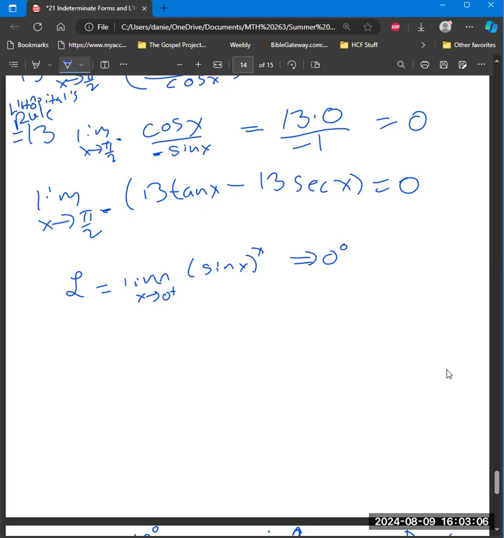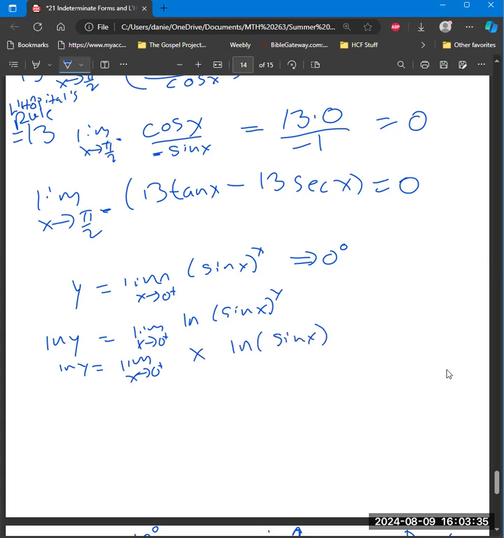I'm going to make this y equals, and then ln of y is equal to the limit as x goes to 0 from the right of ln of sine x to the x, which is going to be ln of y is equal to the limit as x goes to 0 from the right of x ln of sine x.